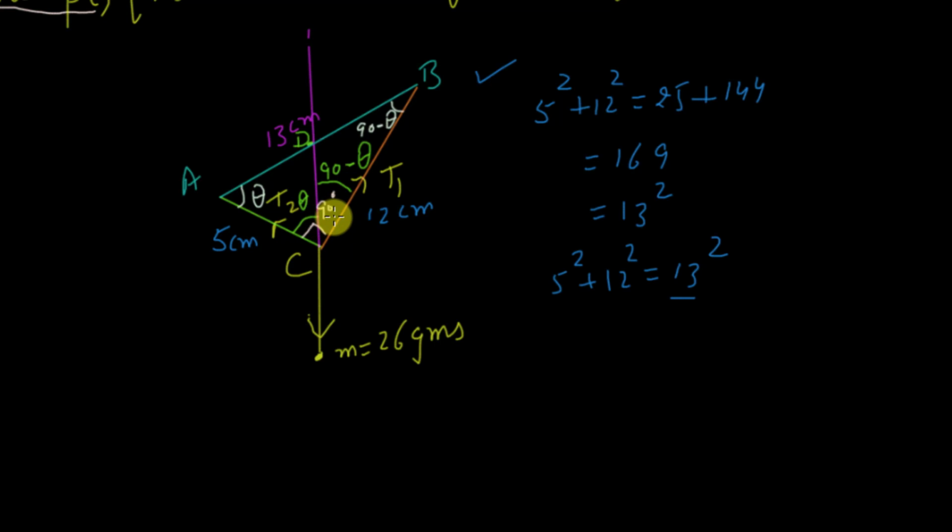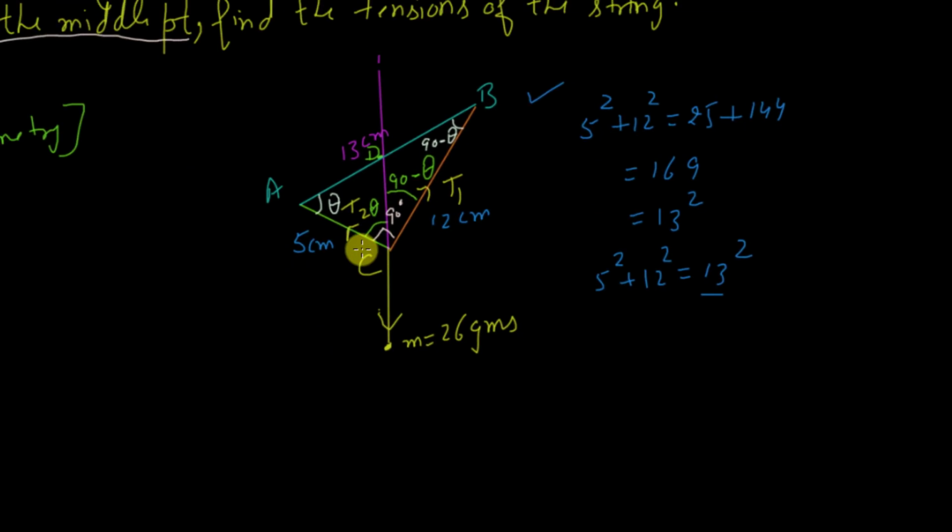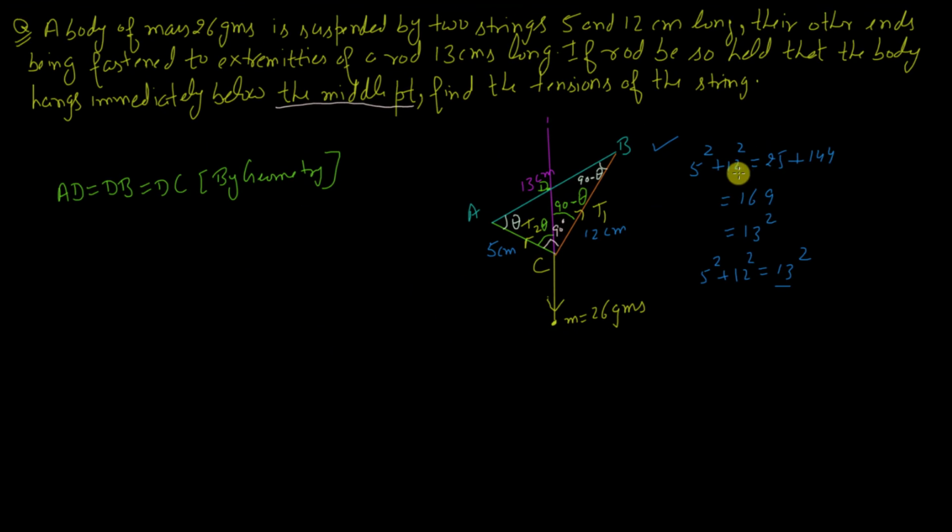So now write by Lami's theorem what we get. Let me write it over here. The forces are, if we write it as weight 26, T1, T2. So this will be T1, T2 and the mass 26.